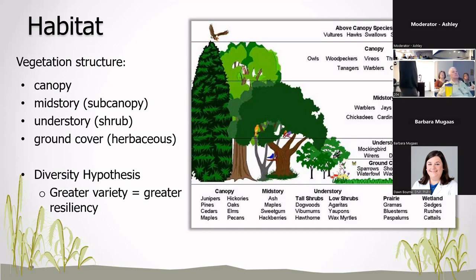So again, even if you don't have a riparian area, if you have this kind of structure on your property, it's really vital to have the diversity. And there's this wonderful thing called the diversity hypothesis. The diversity hypothesis basically says that the greater variety that you have in your landscape, the more resilient it's going to be.